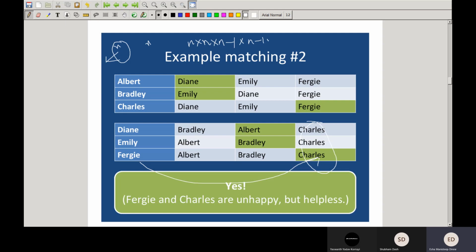So you'll have n factorial whole squared number of choices. To do an exhaustive search, you need to go through n factorial whole squared simulations to check whether there is a stable matching or not. It is a very huge number, since n factorial grows very fast, and then we have the square of that.